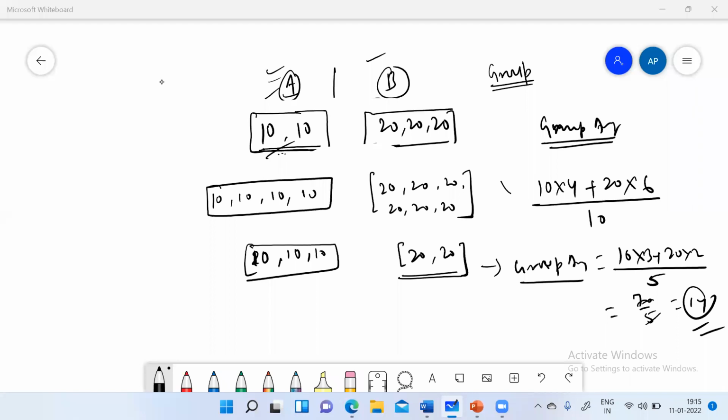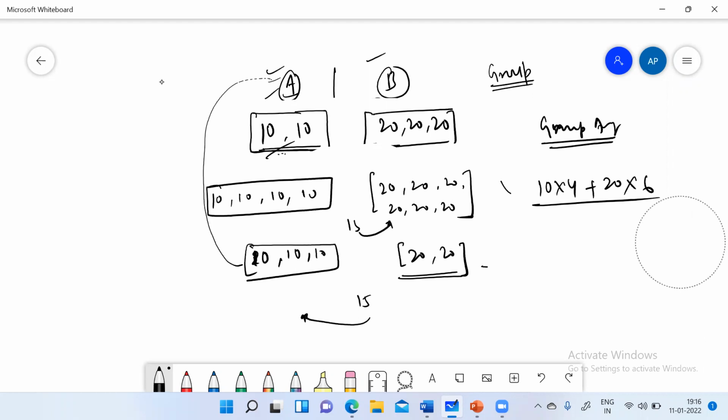So what did you see here? If the number of observations in A is greater than in B, the average shifts from its middle value towards A. And if the number in B is greater than in A, the average shifts towards the value of B.